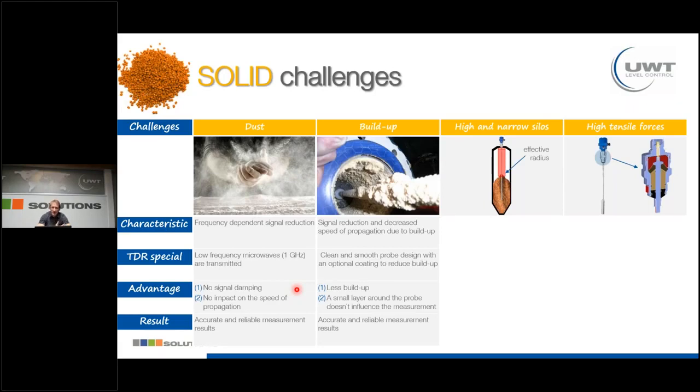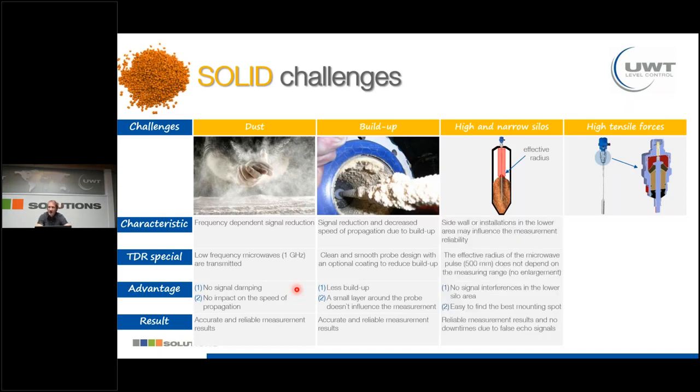The effect is less build-up, and also TDR sensors can deal with a small layer around the probe, and this small build-up does not really influence the measurement. So again, we have accurate measurement results when we avoid build-up around the probe.